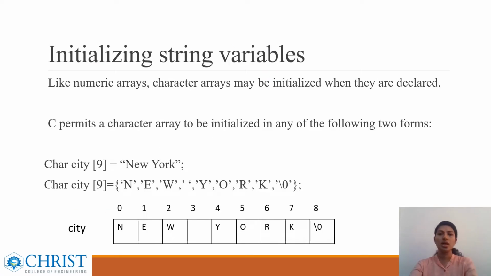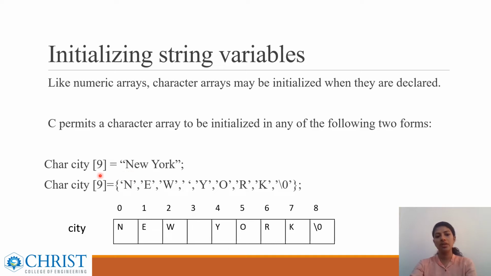So next we'll look at how to initialize string variables. Here we can initialize string variables as we initialize numerical arrays. This is an example: char city[9] = "New York". New York is the string that we are assigning to the variable city. As we count the characters in the string New York, we can see that the string has 8 characters only.